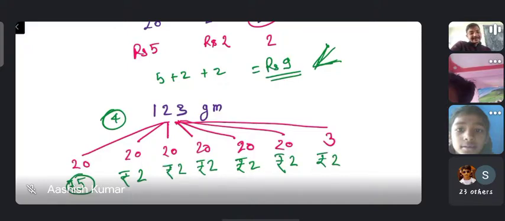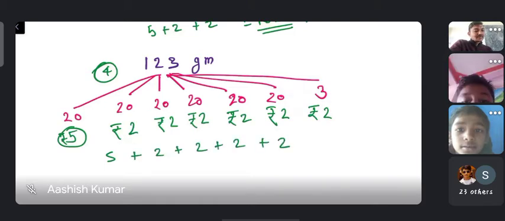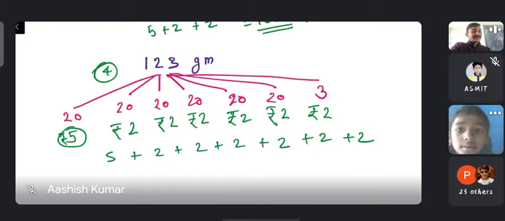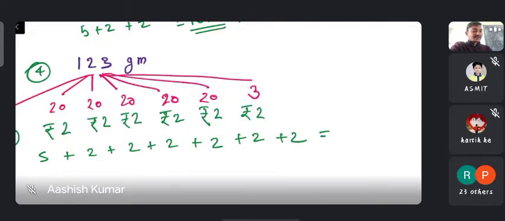So here we can see 5 plus 2 plus 2 plus 2 plus 2 plus 2 plus 2. How many 2's are there? 1, 2, 3, 4, 5, 6. 6 2's are 12, 12 and 5, 17. Rupees 17 is the answer.